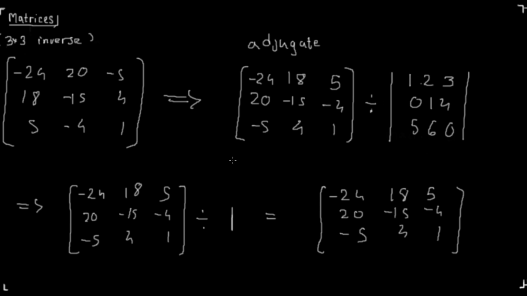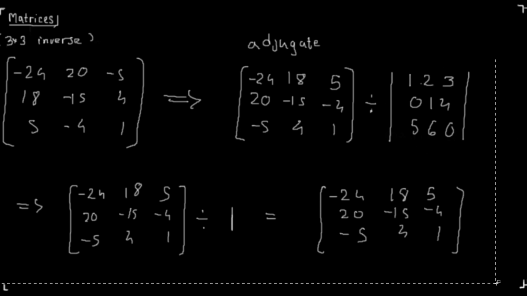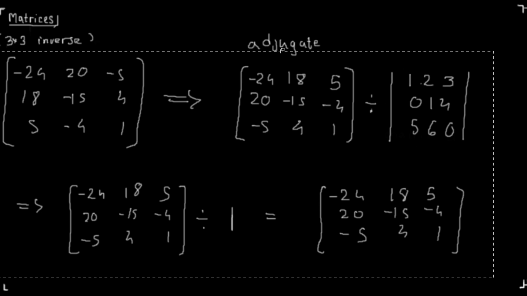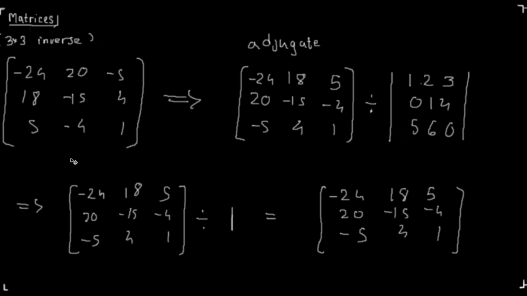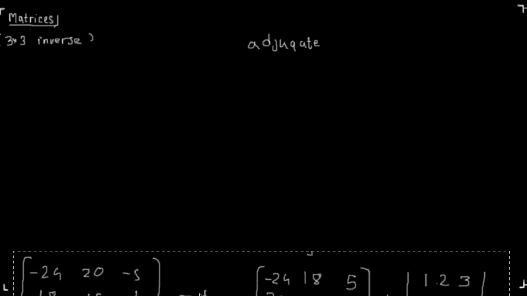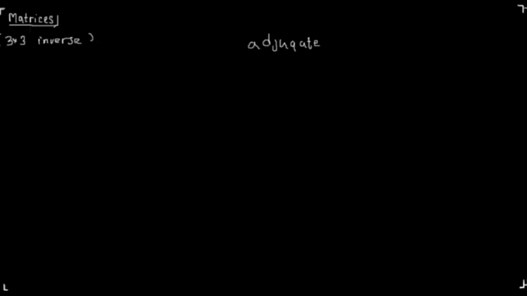So let me just real quickly summarize everything. Let's summarize everything for the 3 by 3 first. So here's how it goes.